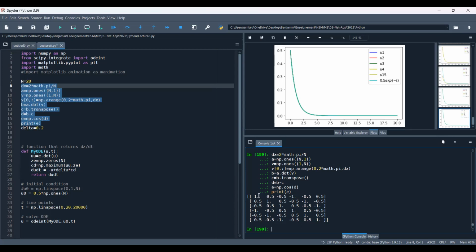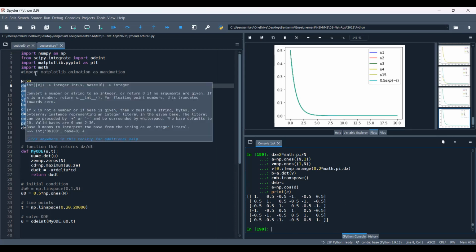When I do pi divided by 3 minus 0, I take the cosine, and I get 0.5, then I get 1, etc. So for the successive lines of my matrix, I just shift the lines, until I have the 6th line. So the matrix is symmetric, and each line is a shift of the previous one. All right. So this is for n equals 6.